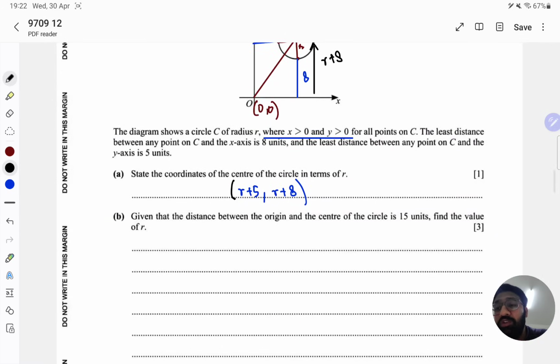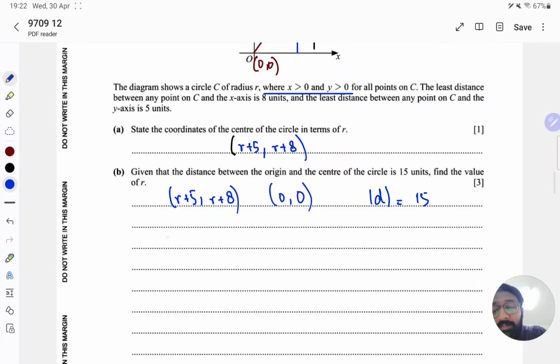So all you need to do is apply the formula for distance. Let me write down the coordinates r plus 5 and r plus 8, and the other coordinates are obviously 0, 0, and the distance between the 2 points is 15.